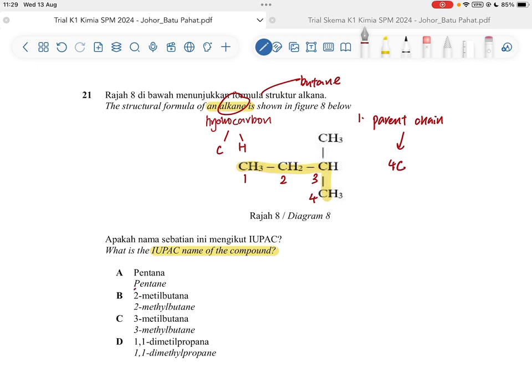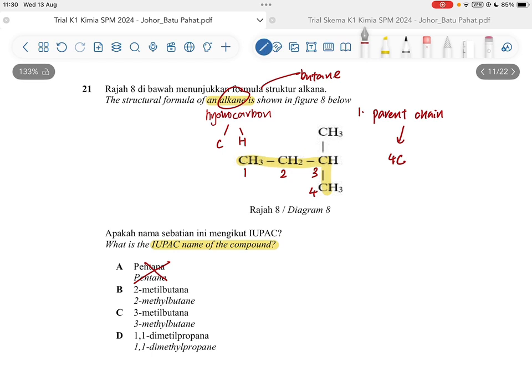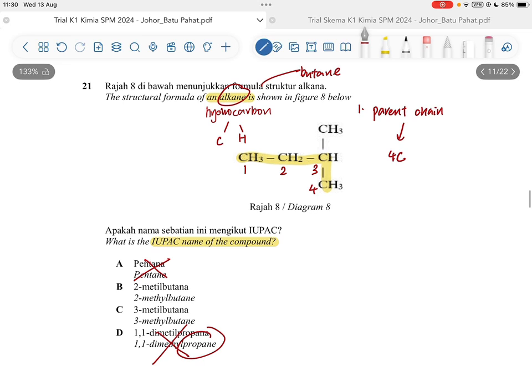For A, for sure it won't be the answer, because the longest parent chain is only 4C, so it should start with butane. D is also not possible because the parent chain there is propane. Since we already identified the parent chain as butane, one of B and C will be the answer.